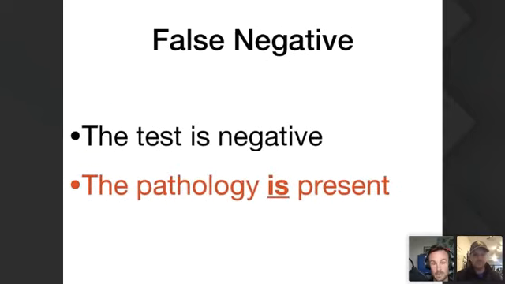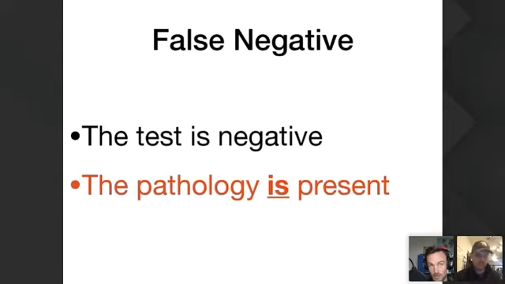The opposite to that, of course, is false negatives. So here you do a test and the test doesn't cause them any problems. There's no laxity in the joint, or they don't report any pain. However, they actually do have a pathology present in that case. So let's just say you do the Thessaly's test, also known as the disco test. This is the one where you stand the patient on one leg, slightly bend the knee, and get them to twist.